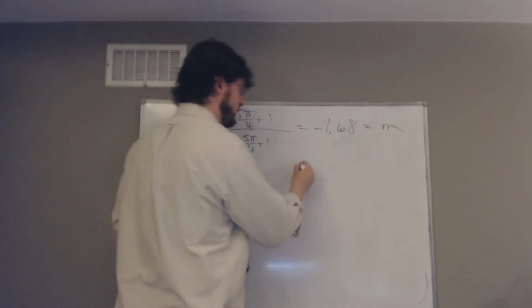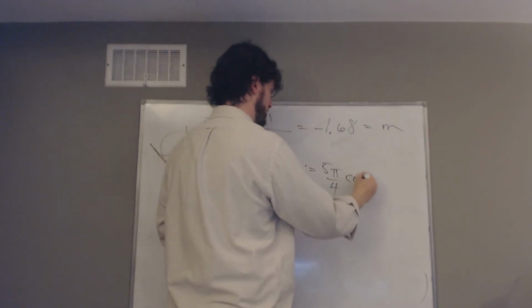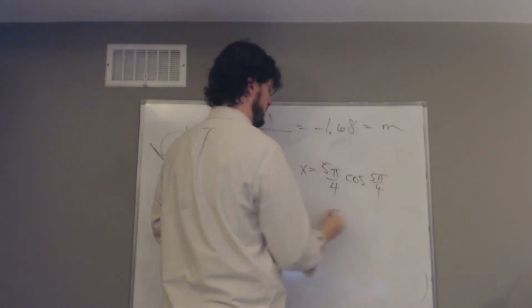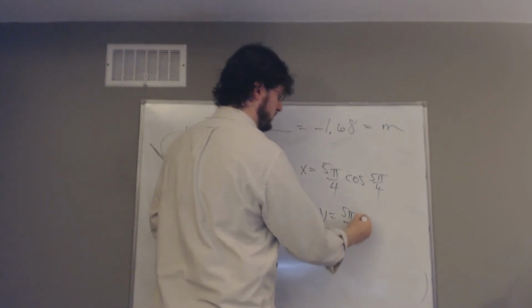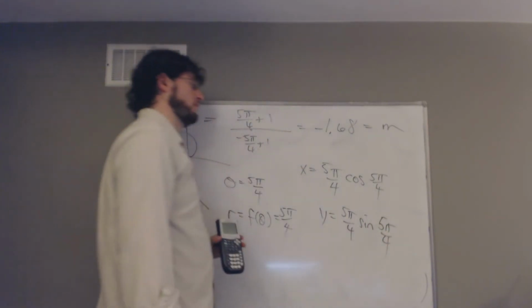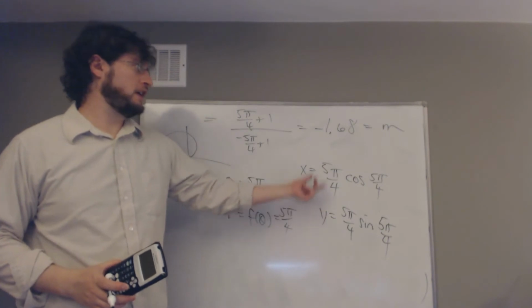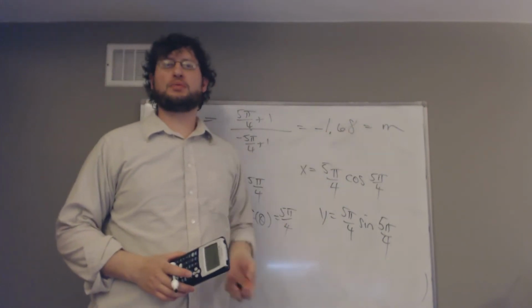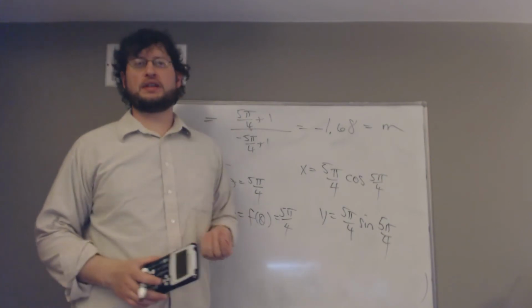So x is r cosine theta, and y is r sine theta. And so now I have x and y, so I have a point and I have a slope, and I could use our point slope form for an equation of a line to come up with the equation of the tangent line.